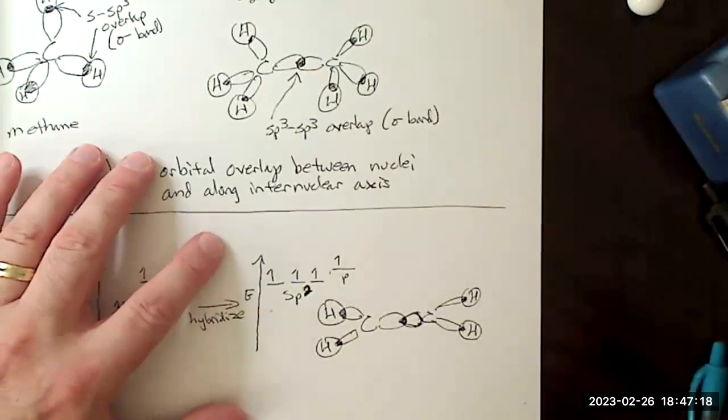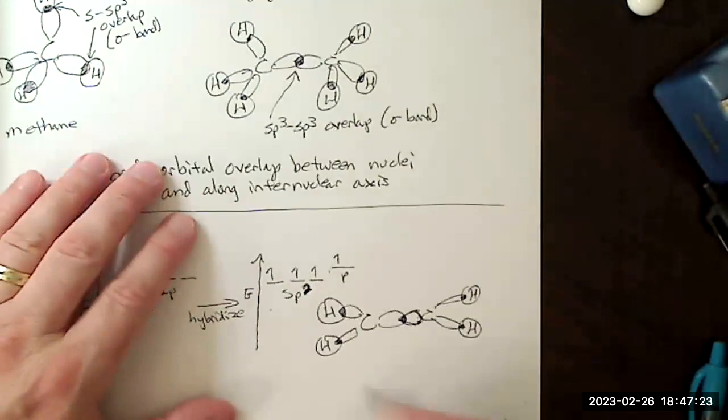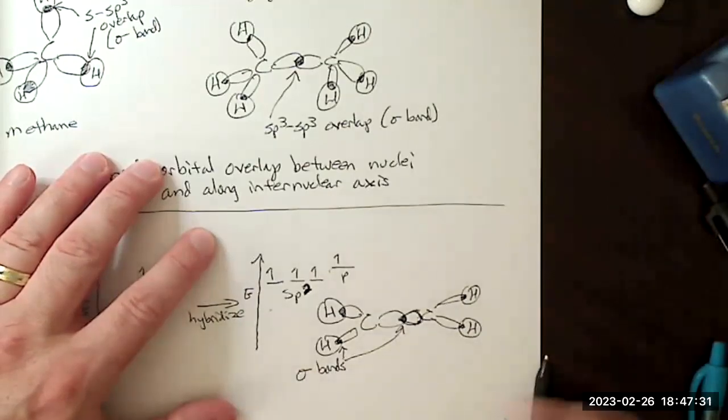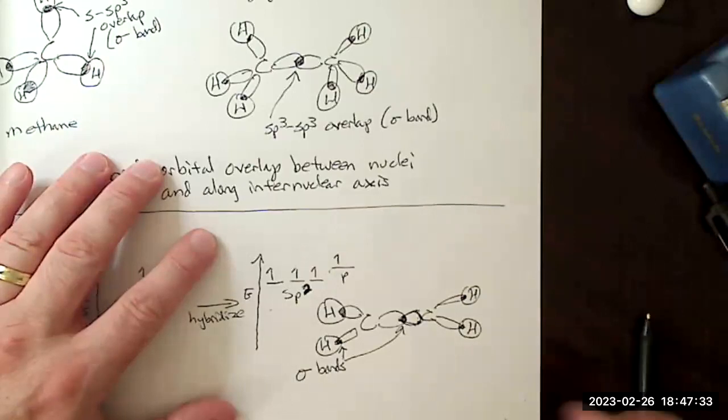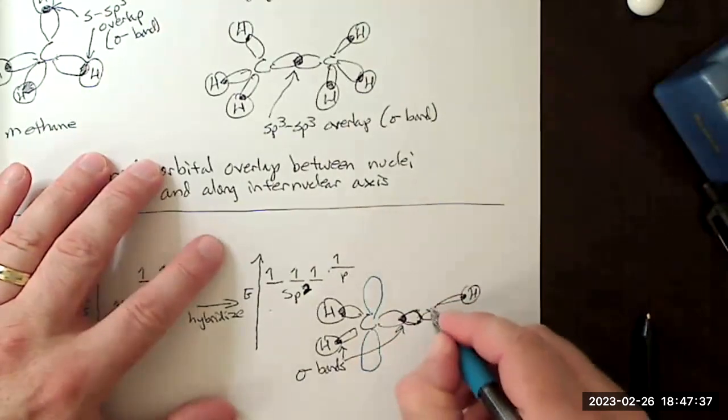We'll get our sigma system. So we can see here that we've got a sigma bond there. But then we also have our leftover p orbital.